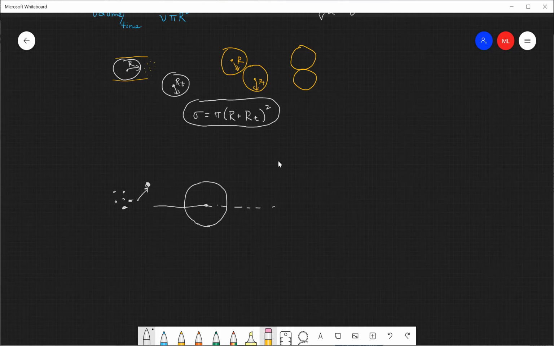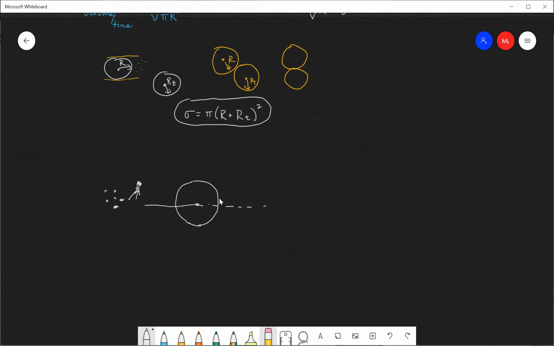Sorry, something's up with my tablet, let me see if I can fix it. Yeah, so you can have an incoming particle at some distance b away from the midline of the target.